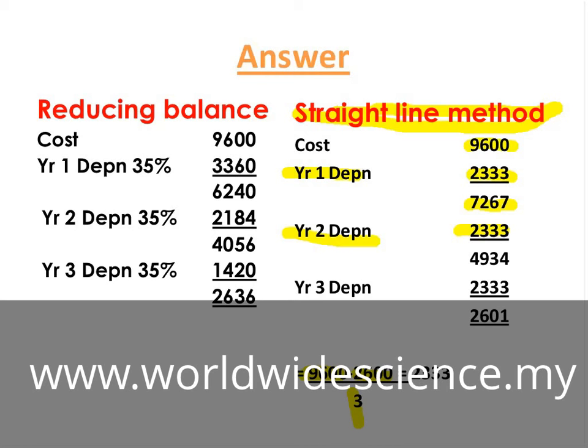And the balance for year number 2 will be 4,934. And year number 3, we already know the depreciation remains the same, 2,333, and the 4,934 minus depreciation, and we have a value of 2,600.